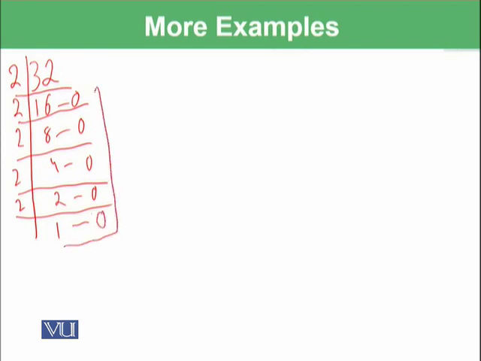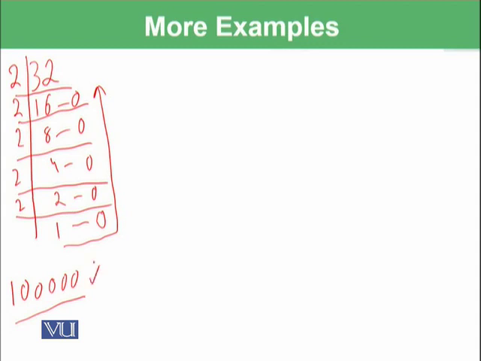We write it this way: 1 0 0 0 0 0. So there are 5 zeros with a 1 on the far left, and this is represented as 32.